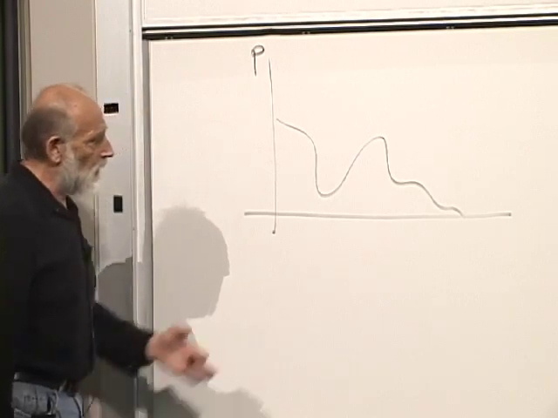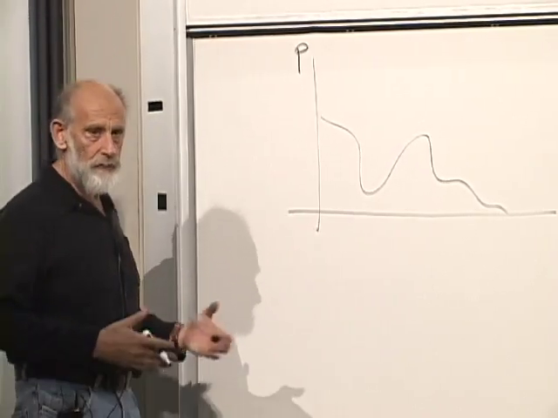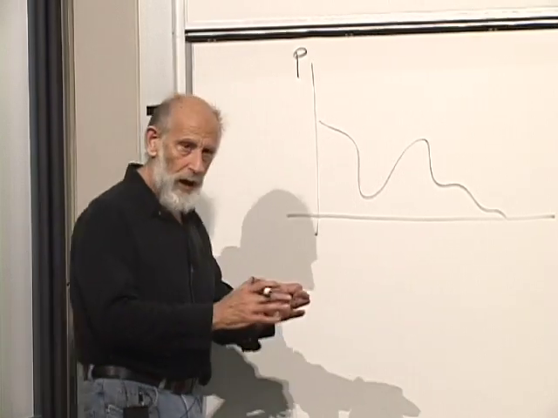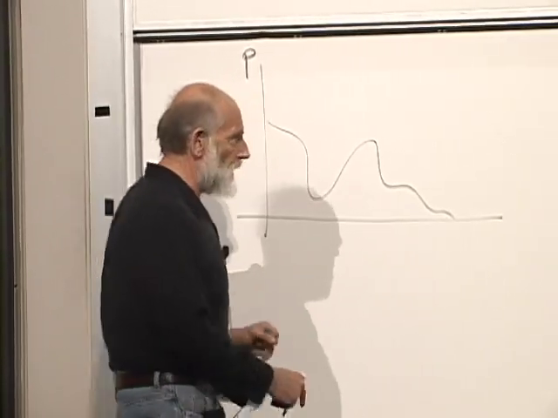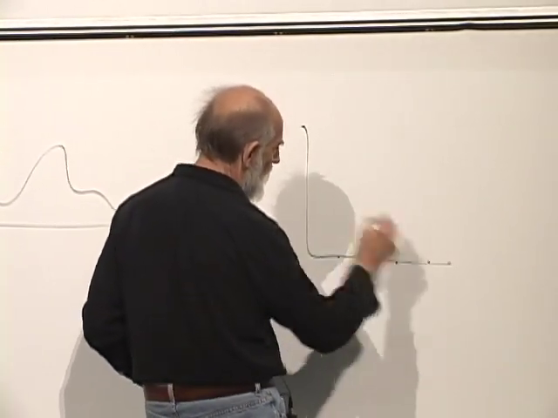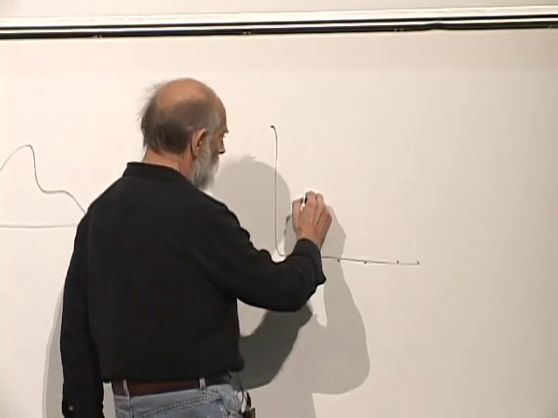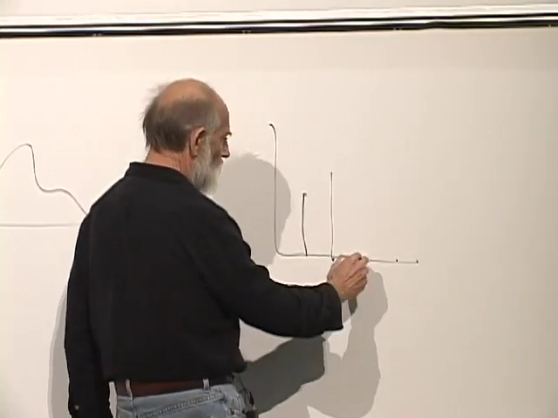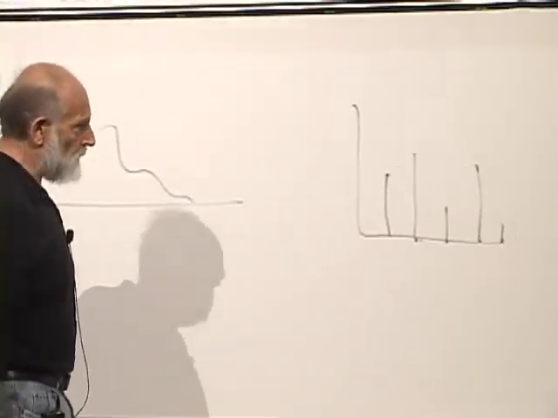At every value of the coordinate or the set of coordinates. By coordinates, I now just mean any parameters which describe the state of a system. As I said, it could be the numbers on a die. If it was the numbers on a die, they would be discrete, and instead of having a continuous function for the probability, you would have just a set of numbers for the probability.